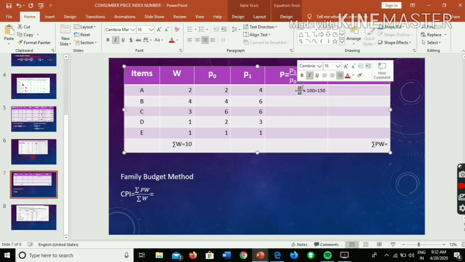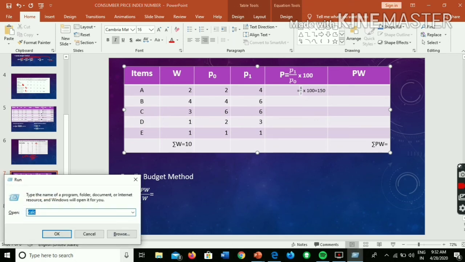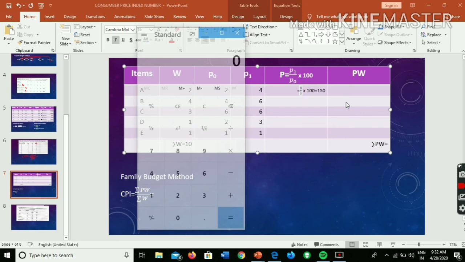So the first P1 value is 4 divided by 2 into 100, which gives 200.